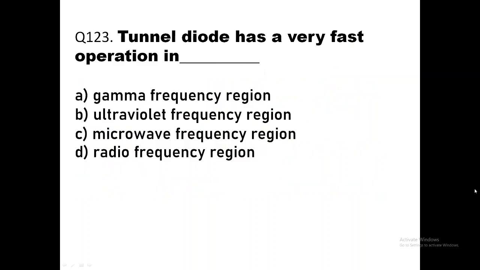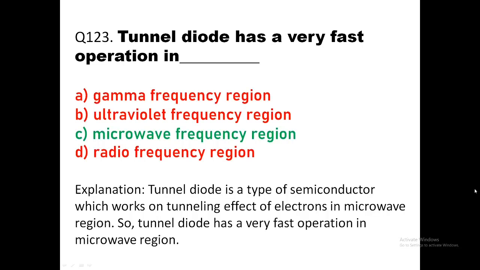Okay. Then question number 123. Tunnel diode has a very fast operation in which frequency range? A gamma frequency range, UV frequency range, microwave frequency range, or RF frequency range? So here the answer will be microwave frequency range. So it is used for microwave frequency range. So here I have given an explanation also.